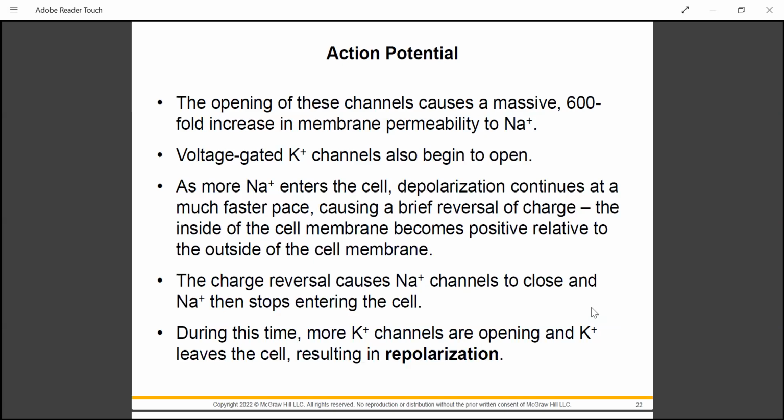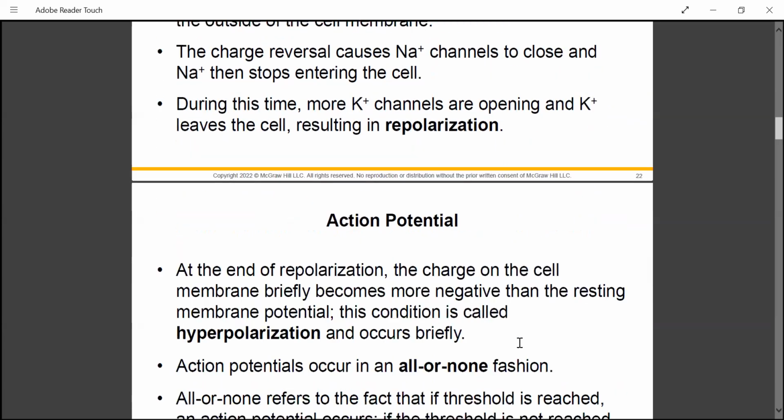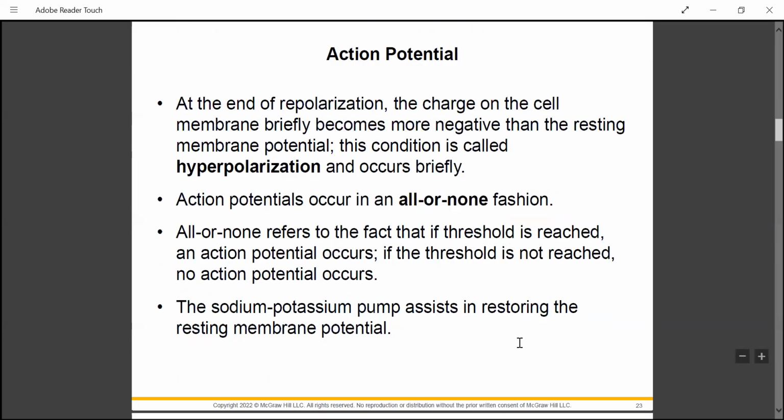And so now we have no more sodium coming in, potassium still going out, and that's going to result in repolarization. So we're trying to reset our initial charge. As we reset our initial charge, we actually go a little bit too far. We go past where we need to, and we call that hyperpolarization. And then our sodium potassium pump from there will get us back to our normal resting potential.